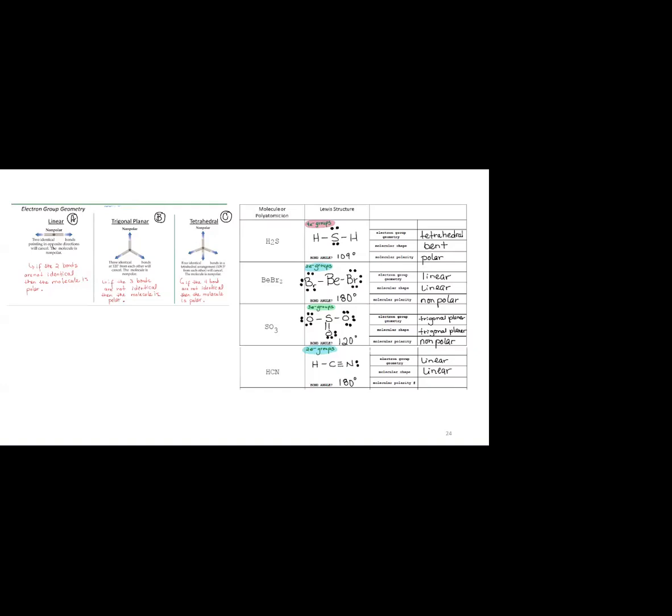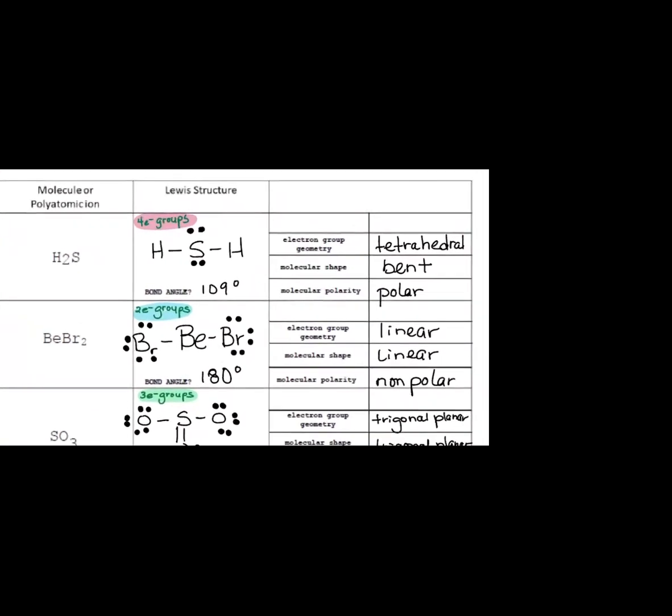There's a question in the chat. Let me explain. H2S. So if we look at H2S, that's tetrahedral, right? So think about it. You're at sulfur, right? In order for something that is tetrahedral to be non-polar, it needs 4 identical things, right? 4 of the same.